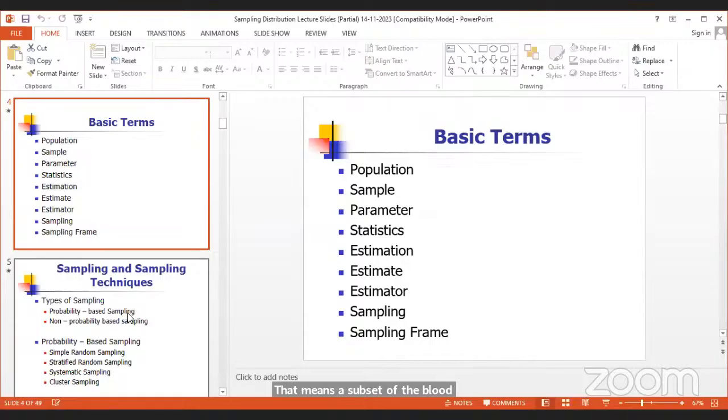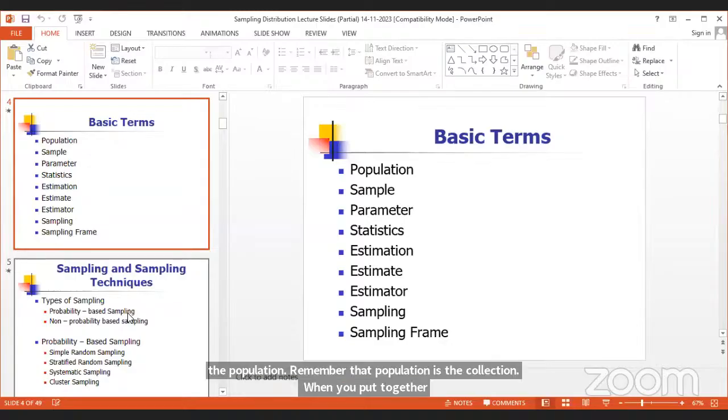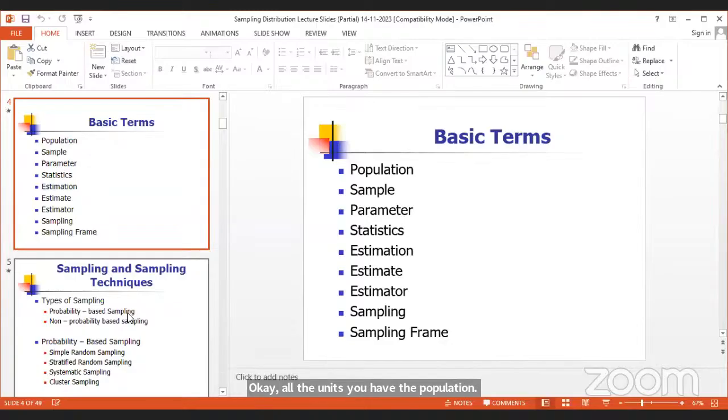So a sample is the fractional part of a population. Remember that population is the collection. When you put together all the units, you have the population. If you decide to count the number of units in that population, what you have is the population size. And then the sample is the fractional part of the population.